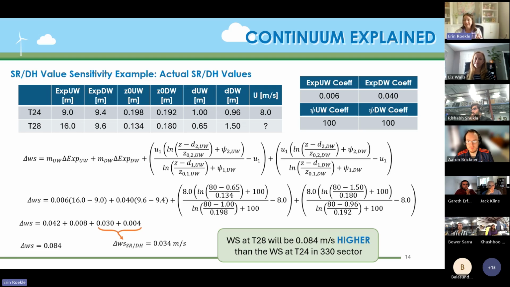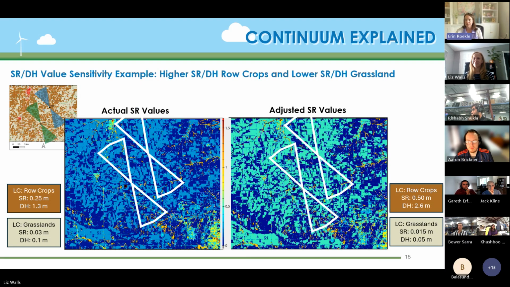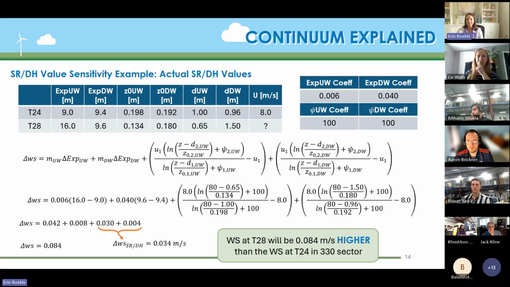It's about 1/3 of our total wind speed change that is just due to the surface roughness changes between the two sites. Keep that in mind as we go through these next couple of sensitivities. It's a pretty small number for our change of wind speed.